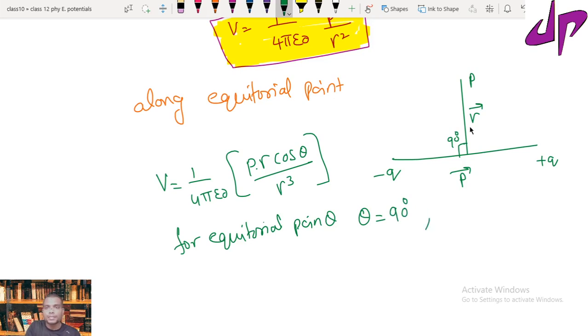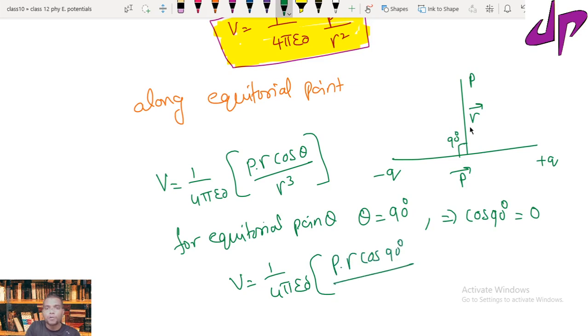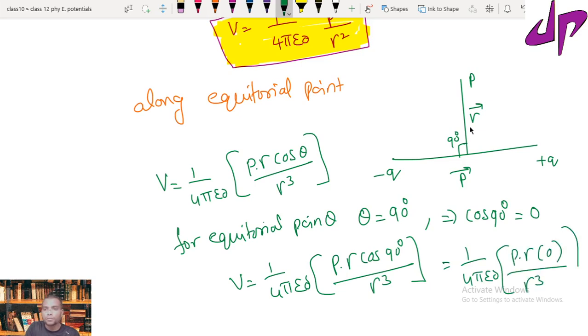Cos 90 degrees has the value 0. So the potential value also becomes 0: V equals 1 over 4 pi epsilon naught of P r times 0 upon r cube.